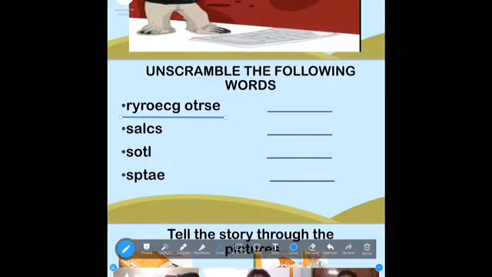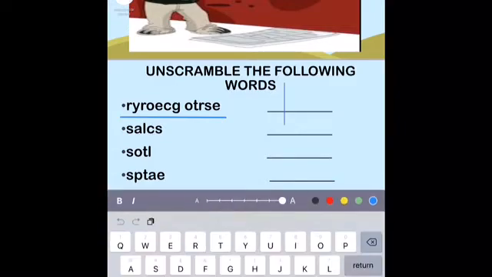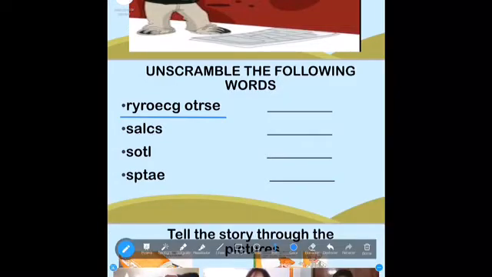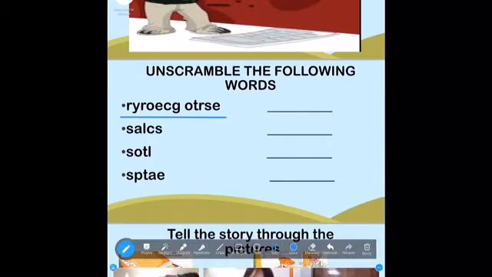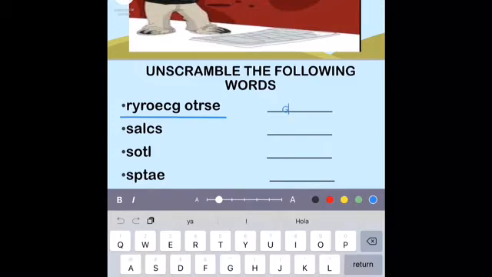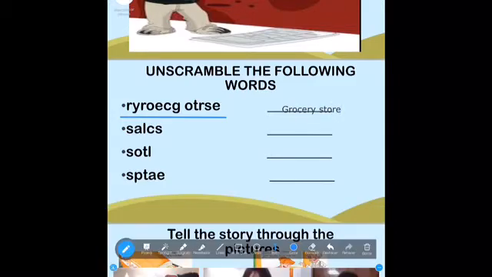Let's write down the first one. Grocery store. Elliot, your microphone, please. Grocery store. Very good. Now let's continue with the following word. Have you identified the second word?